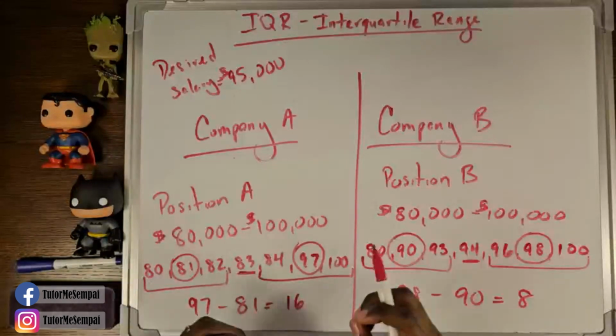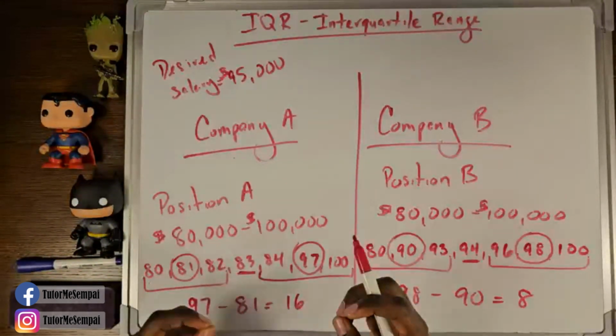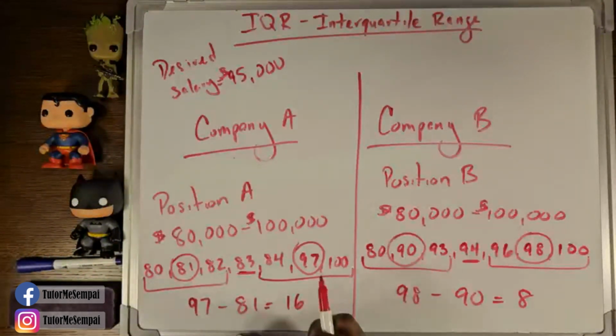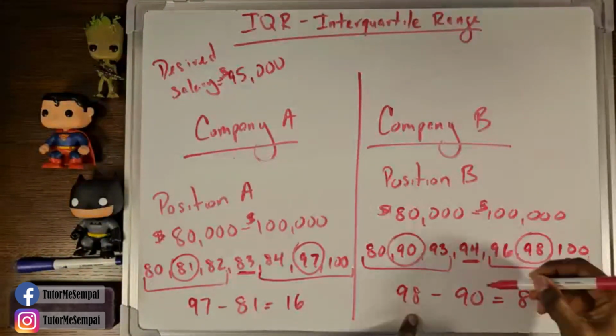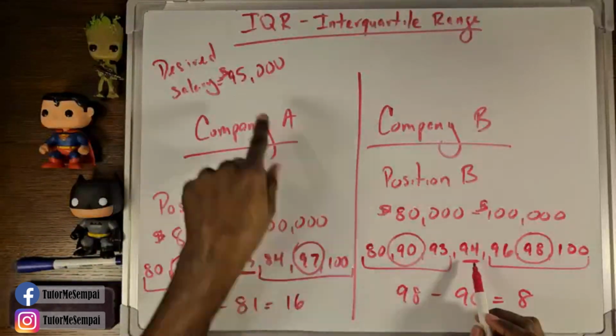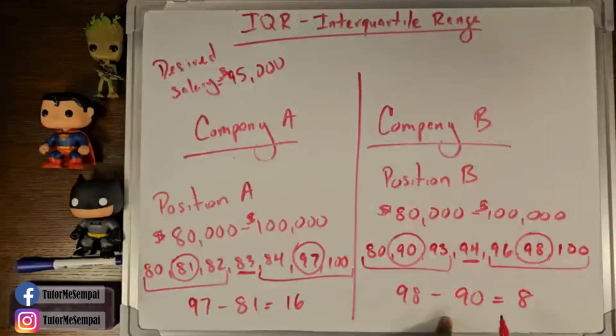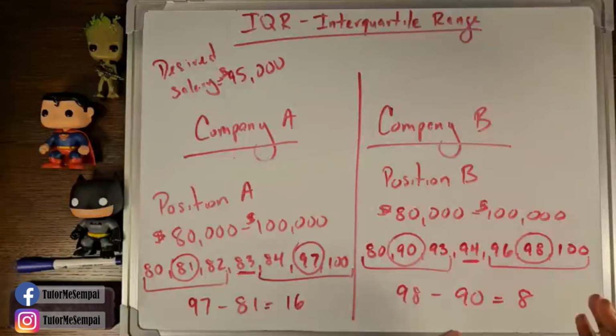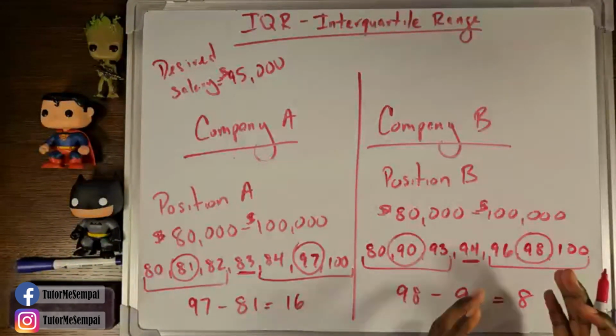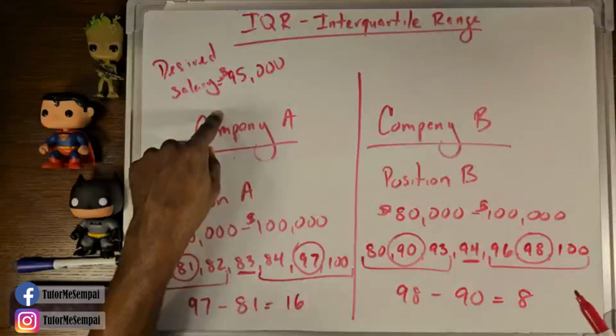That means you have a lot of different chances to not hit that 95,000. And your median is much, much lower than that. Here, your median is pretty close and your data is pretty packed. So you have a very, very high chance of getting your desired salary if you choose company B.